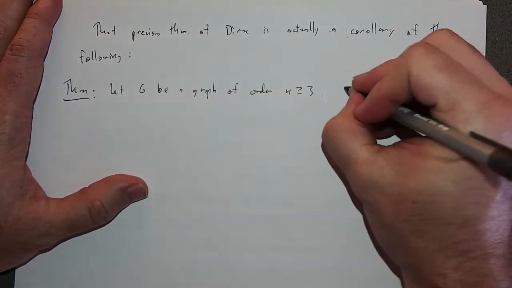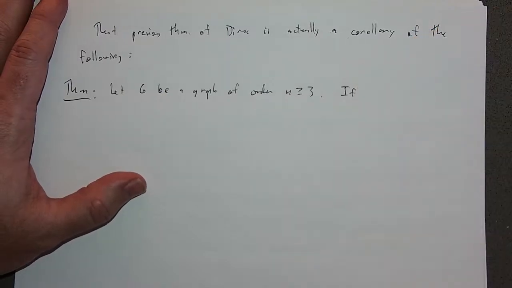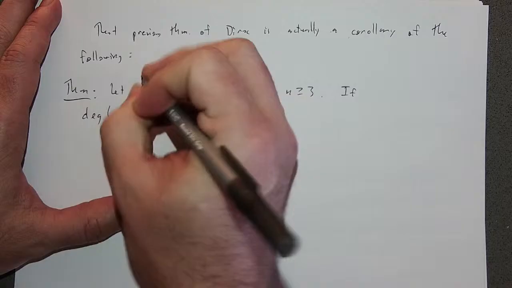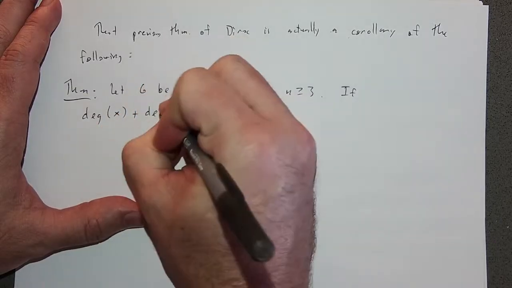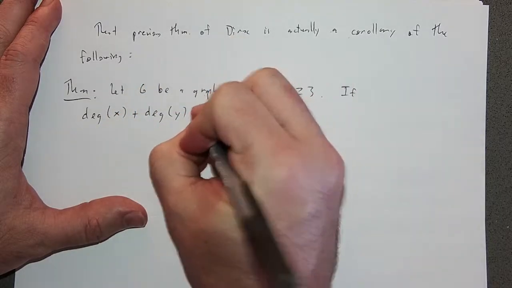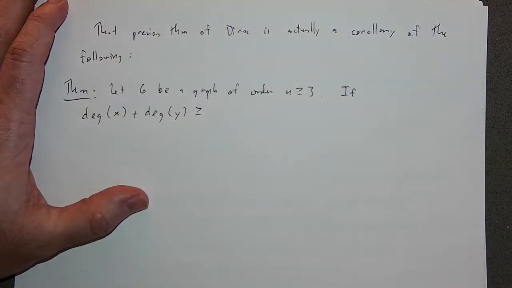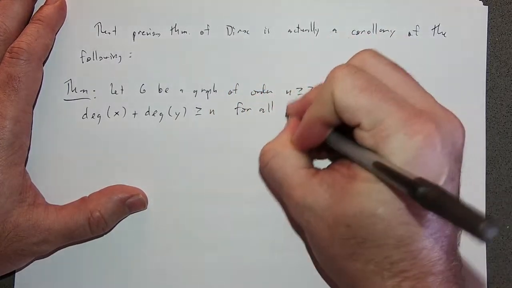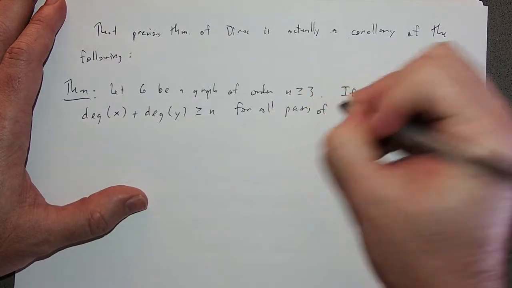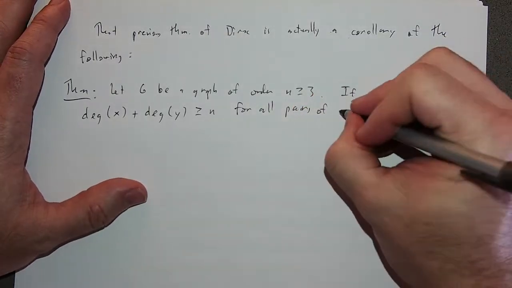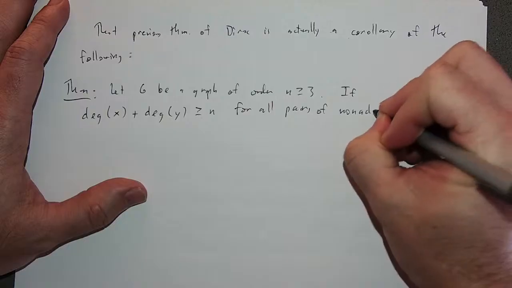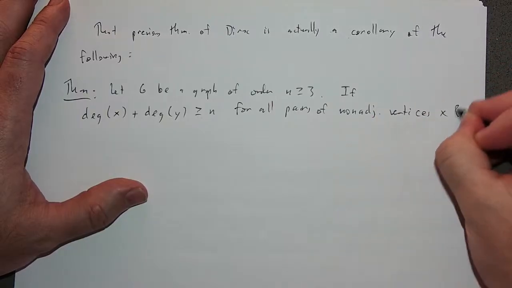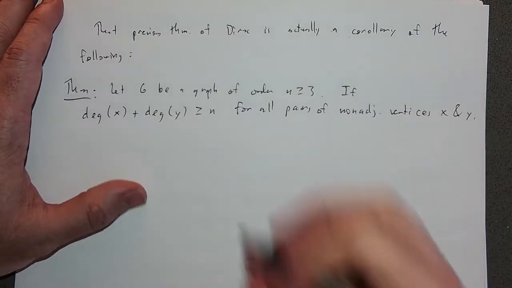If the degree of x plus the degree of y is greater than or equal to n for all pairs of non-adjacent vertices x and y, then G is Hamiltonian.